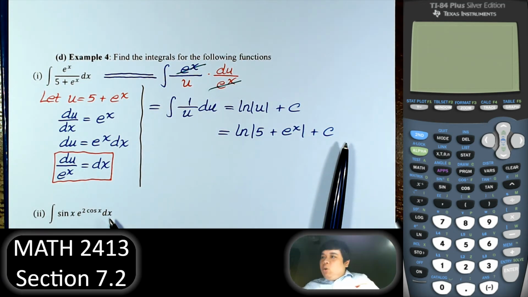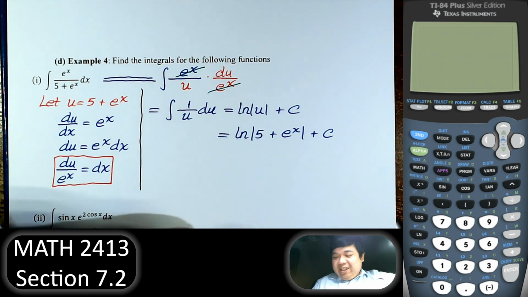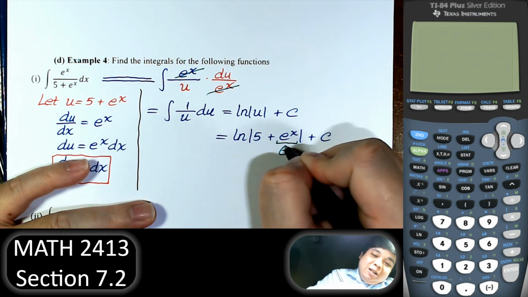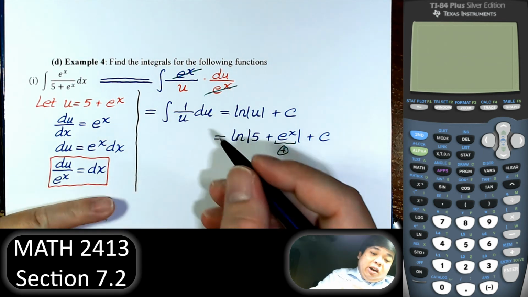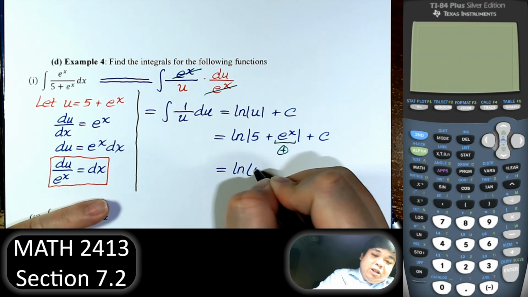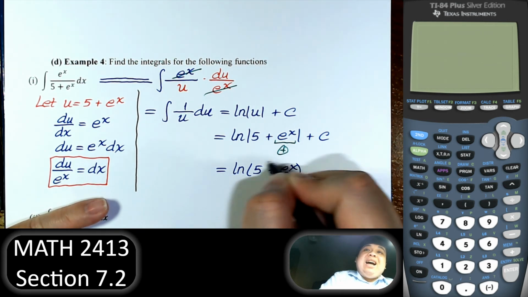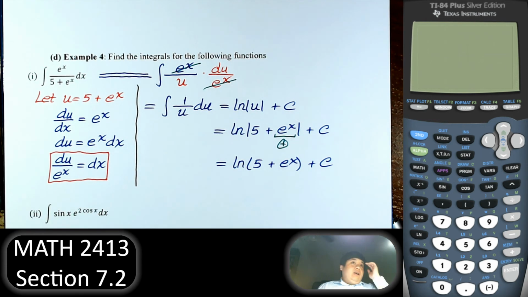So if e to the x is already positive, plus 5 is even more positive, but still just positive, right? So we know this is positive. Now ln of the absolute value of a positive number, we don't even need that. So this is ln of 5 plus e to the x, just a parenthesis, because it's guaranteed to be positive. Right, so that's what we have.